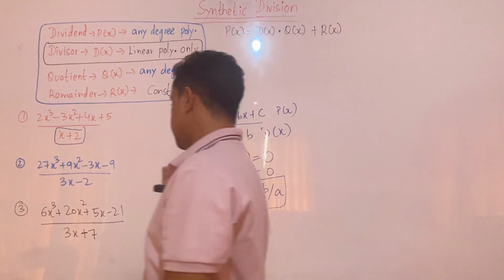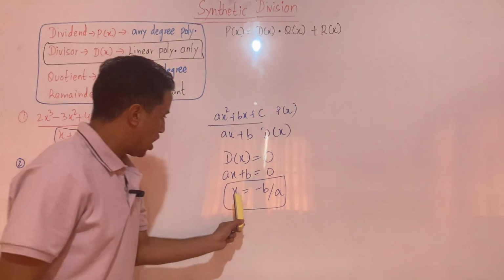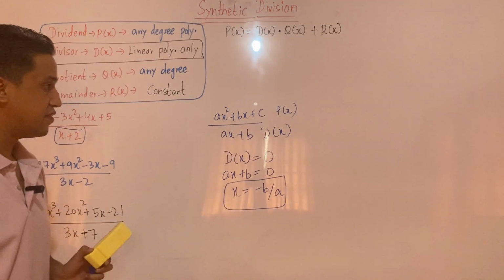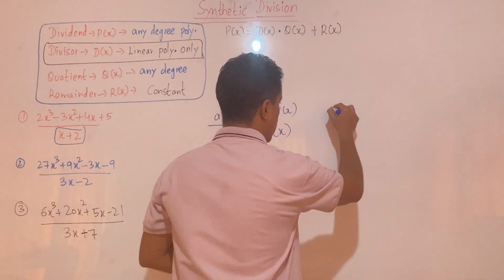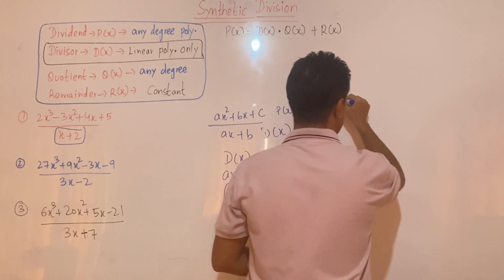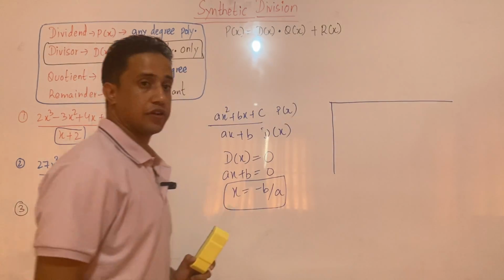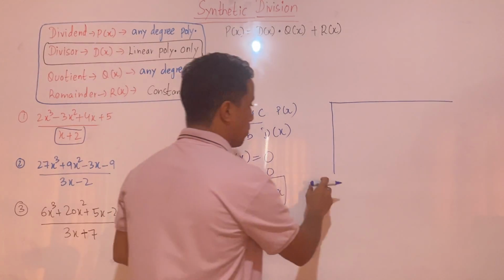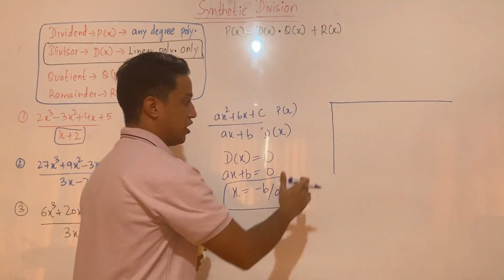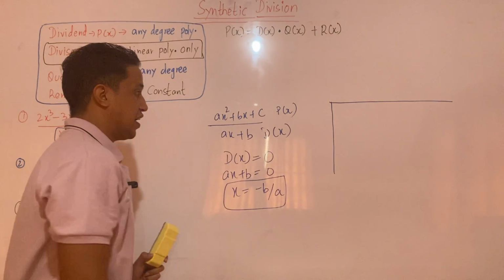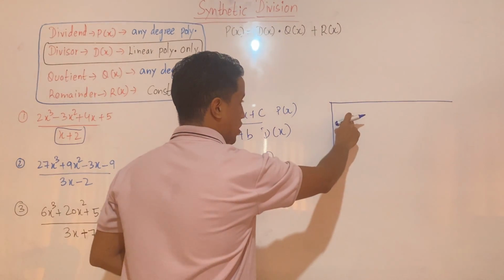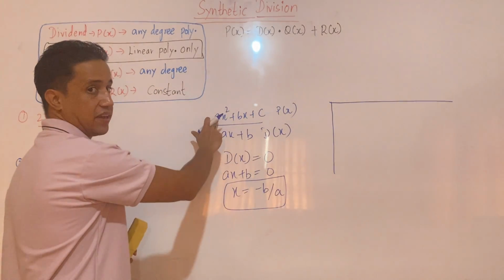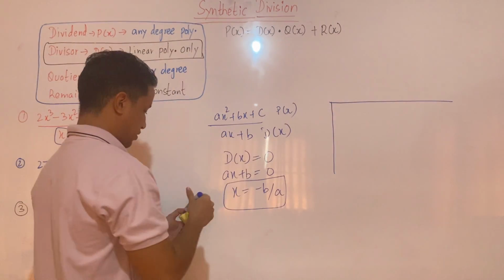Once you find this value of x, we use the notation for synthetic division. We have to perform synthetic division using this notation. Here I am going to represent the coefficients of p(x), the dividend.